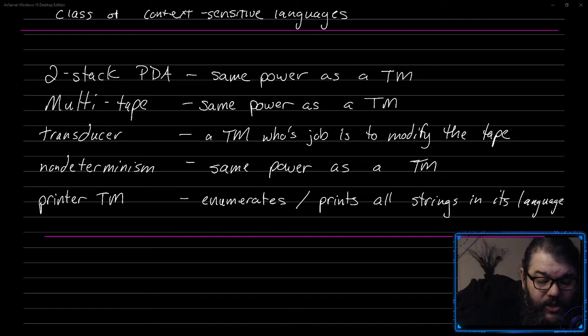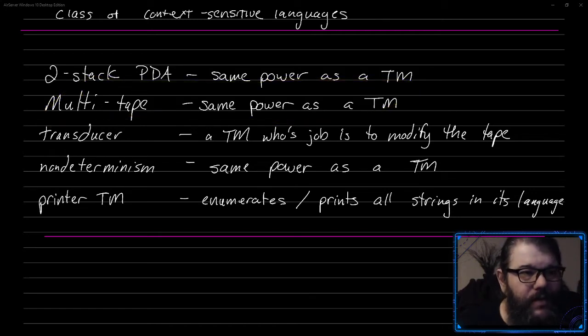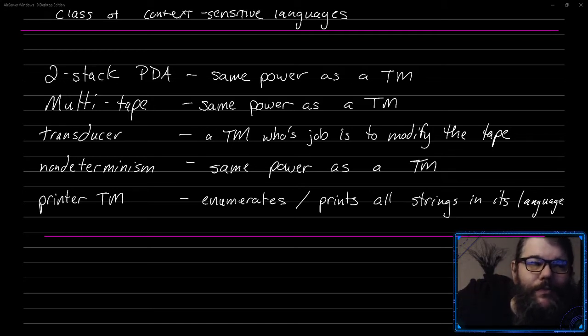If you take a Turing machine and you give it an extra tape or a million extra tapes, it has the same power as a Turing machine, which starts to become really useful if you want to think of one of those tapes as a variable that will remember something for you. You can make Turing machines that are transducers, where their job is just to alter the tape.